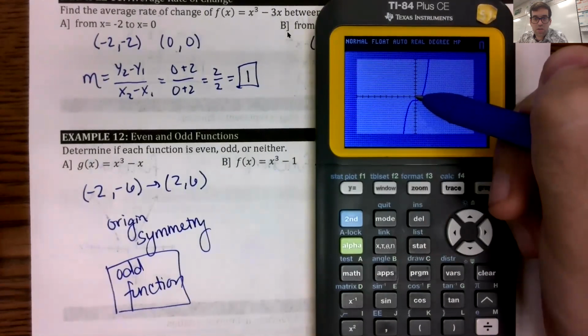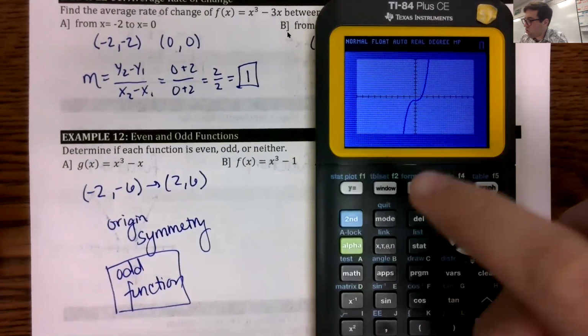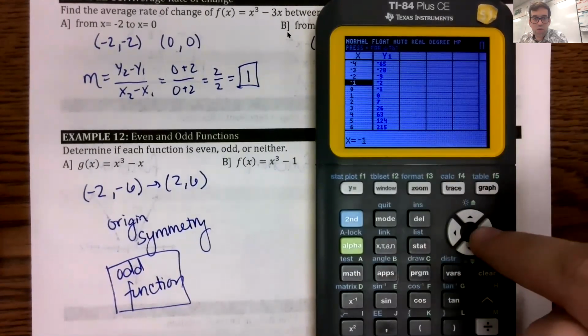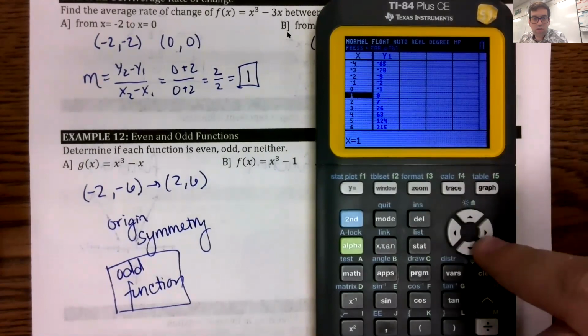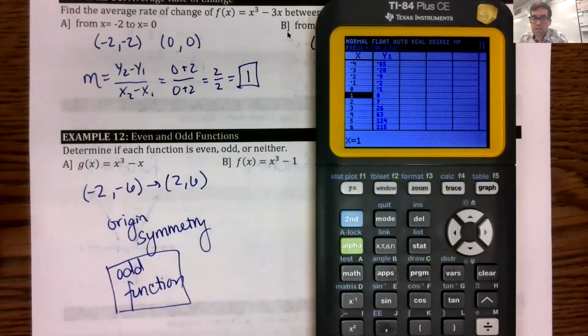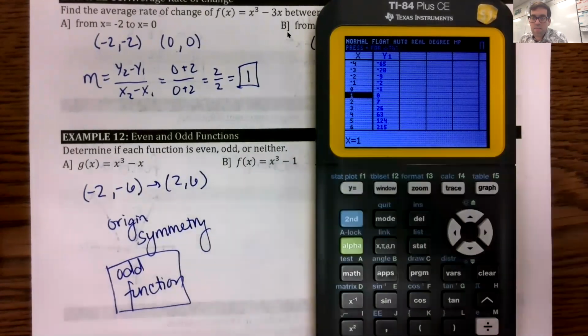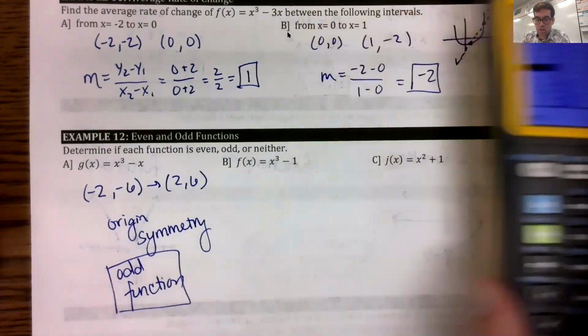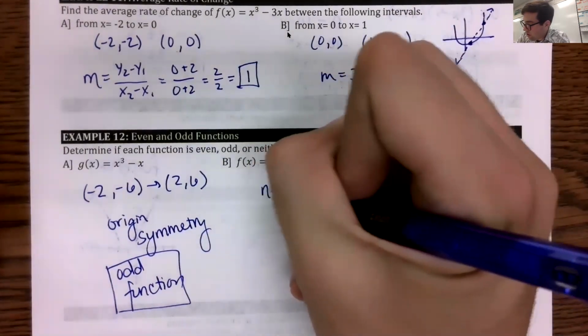It doesn't look like origin symmetry either. It would be symmetrical about maybe this point, but not the origin. If we look at the ordered pairs, you'll see that -1 goes to -2 and 1 goes to 0. Okay, so already you can see we're not mapping to opposite versions of numbers, like a positive and a negative version. So this is going to be neither.